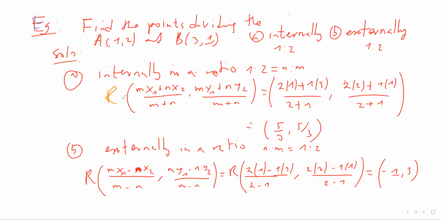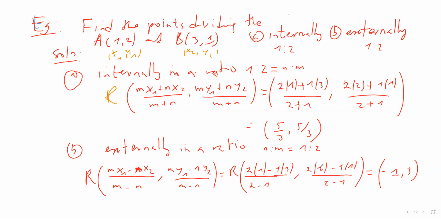So you have (mx1 plus nx2) over (m plus n), and then (my1 plus ny2) over (m plus n). And then we know from here, this is your x1, this is your y1, this is your x2, this is your y2. And then this gives you 5 over 3 and 5 over 3.